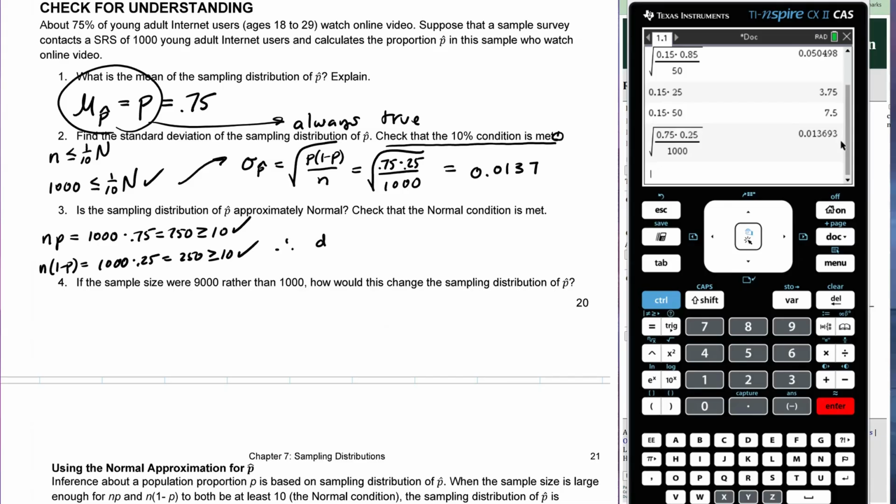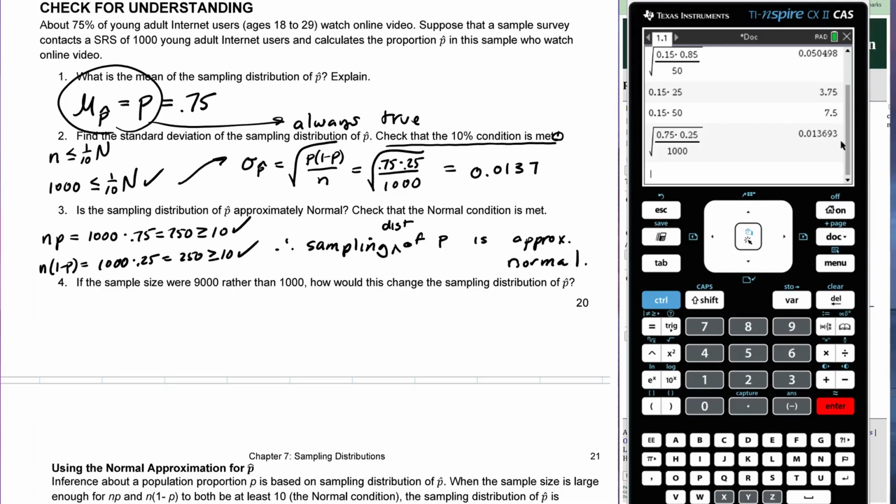Therefore, let's write this out more handily. The sampling distribution of p-hat is approximately normal. Great.